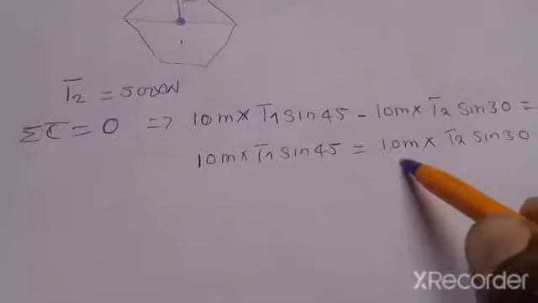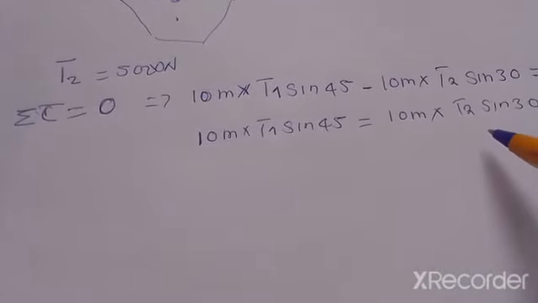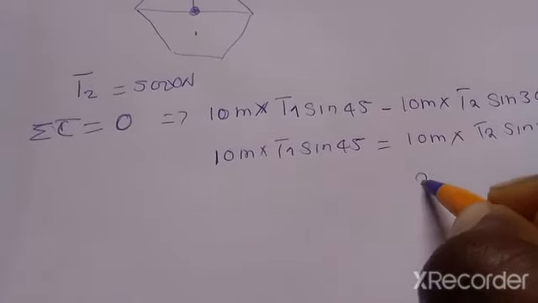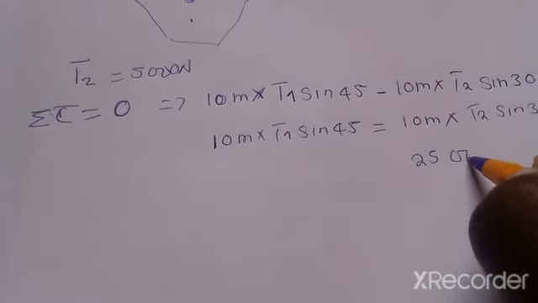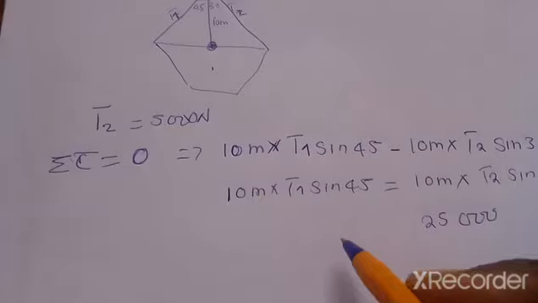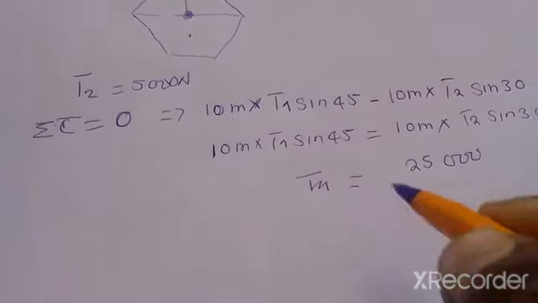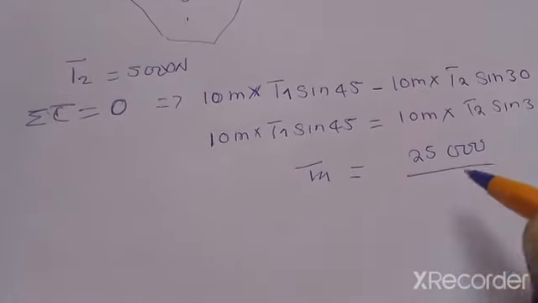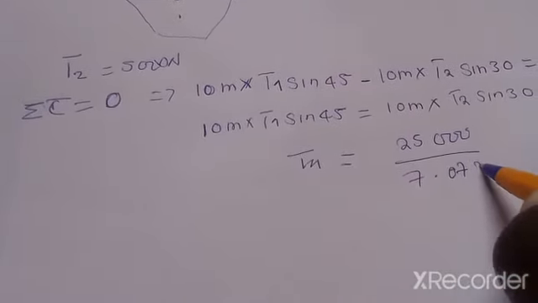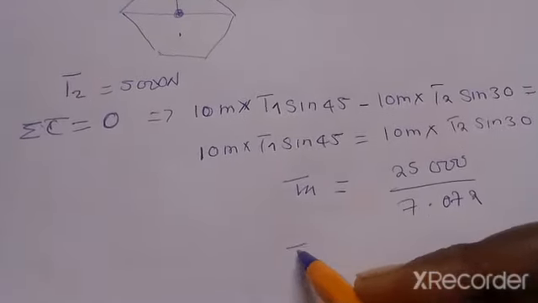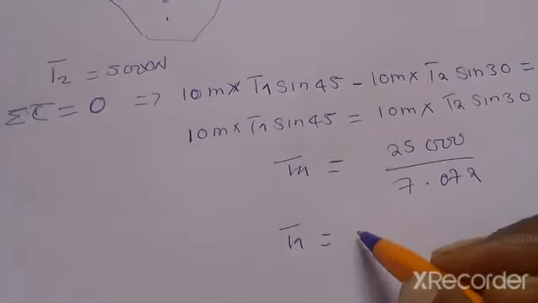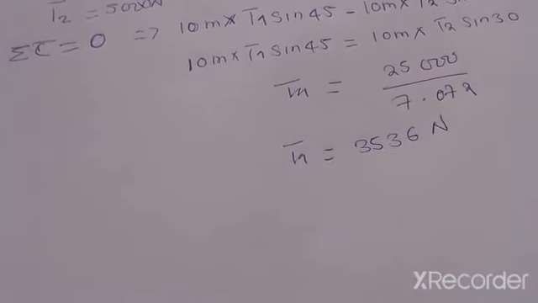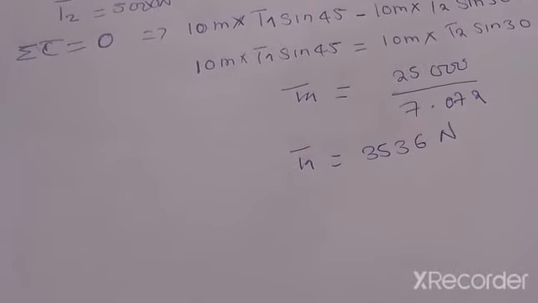This side will give us 25,000, and this side will remain with T1, so 10 multiplied by sine 45 has given me 7.072. Meaning that T1 is equal to 3,536 newtons. Okay, that's what I have as T1.